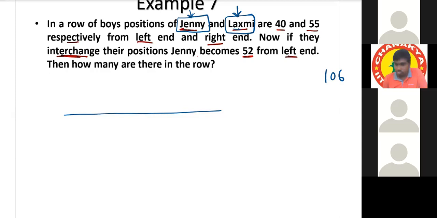I am trying the second case first. Yeah, the second case will exist or will not exist. You should identify. Ananya, got it? I said 106 too. Okay, your answer is the same.